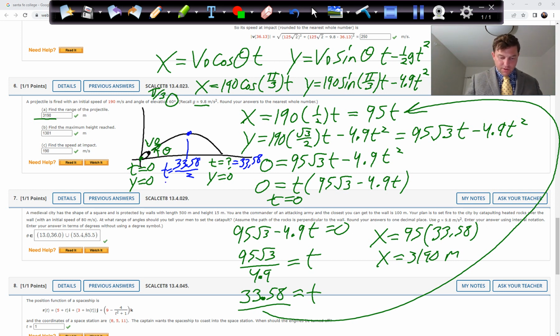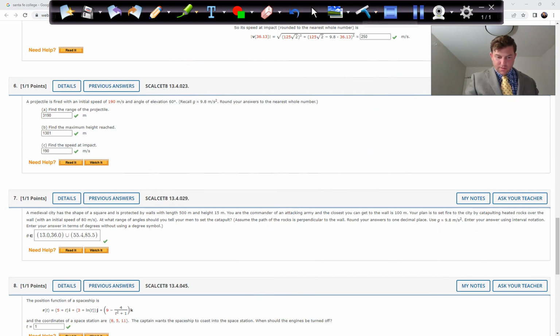If you divide 33.58 by 2, you should get the time where it's going to hit the max height. This will occur at 16.79 seconds. So to find the height, we're going to plug that into the y equation. Let me start fresh because we're running out of room.